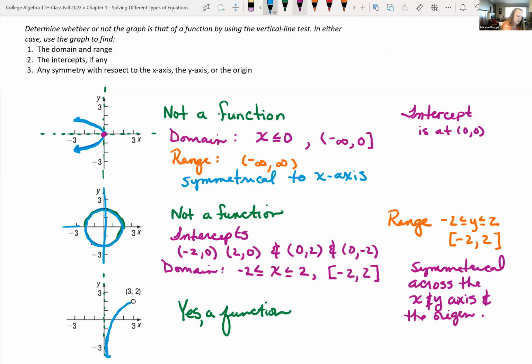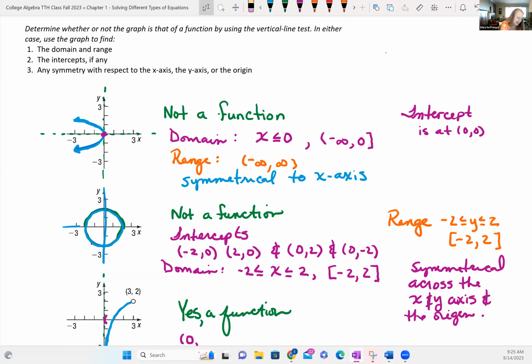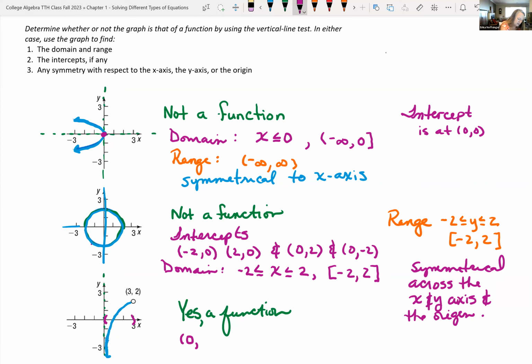For my domain, I'm hitting all the x values, starting at, but not actually hitting, 0, to this x value here. It's not including it because it's an open circle at 3. So that's the domain.